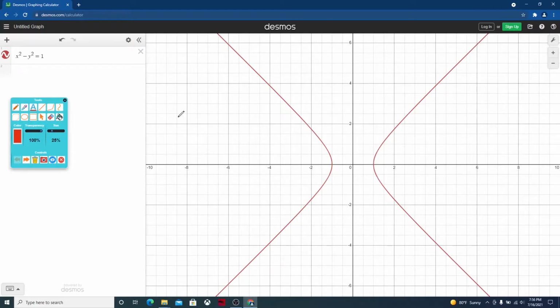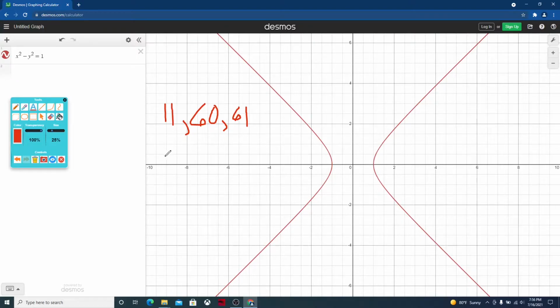The Pythagorean triple that we're going to use is 11, 60, and 61. Not quite sure why this is lagging just a bit. Okay, so there's my Pythagorean triple, 11, 60, and 61.